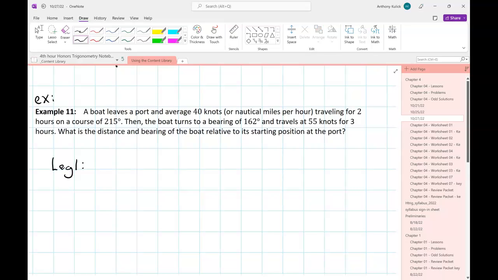So I hear that I have 2 legs of my journey, right? I'm going 40 knots for 2 hours, and my bearing is 215.